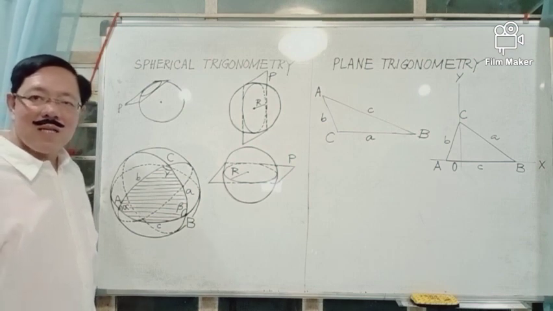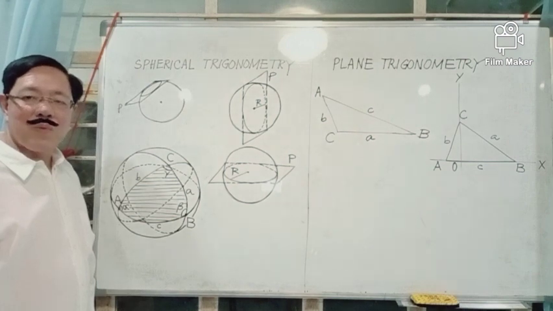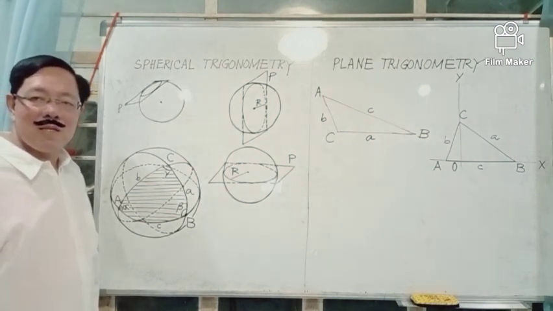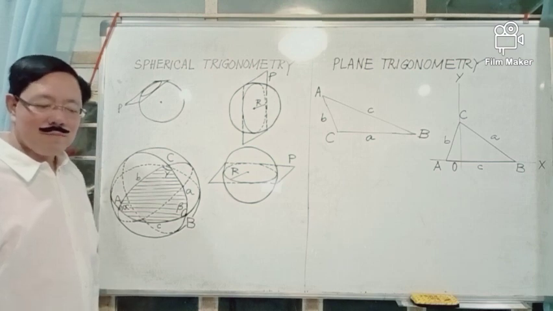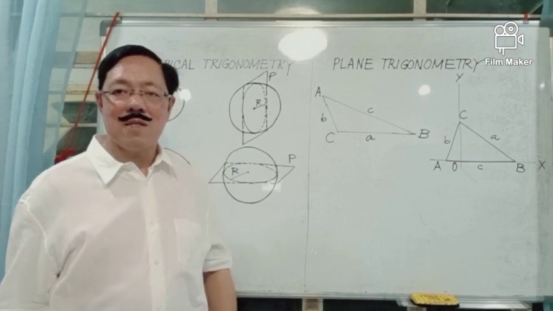A spherical triangle is bounded by arcs of great circles, or simply great circle arcs. An arc is a part of a circle.